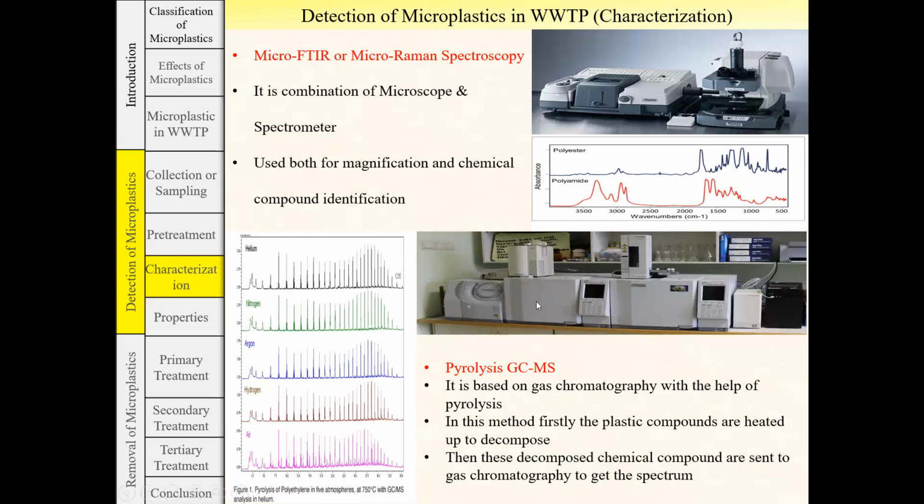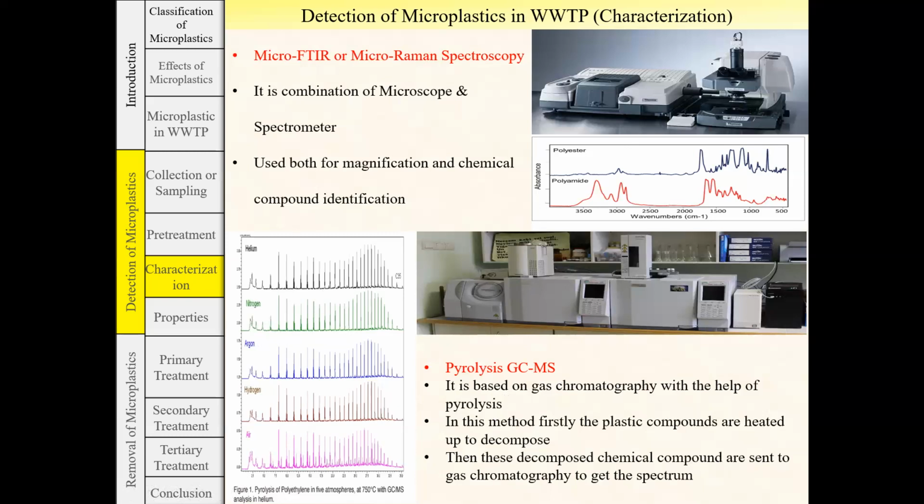The gas chromatograph is basically a mass spectrometer on a large scale. In the fourth method, we get a clear spectrum compared to the spectrophotometric methods, so it has better accuracy than the other methods.